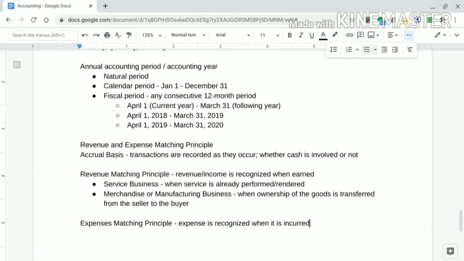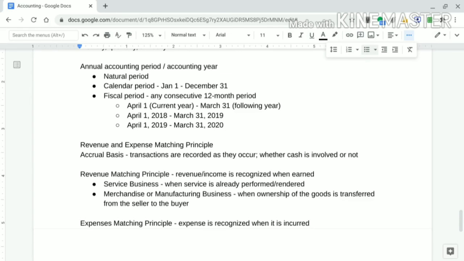basta na-earn na yung income or na-incur na yung expense, kahit may cash received or cash paid pa or wala, you have to recognize revenue and expenses already. And that's accrual basis of accounting.